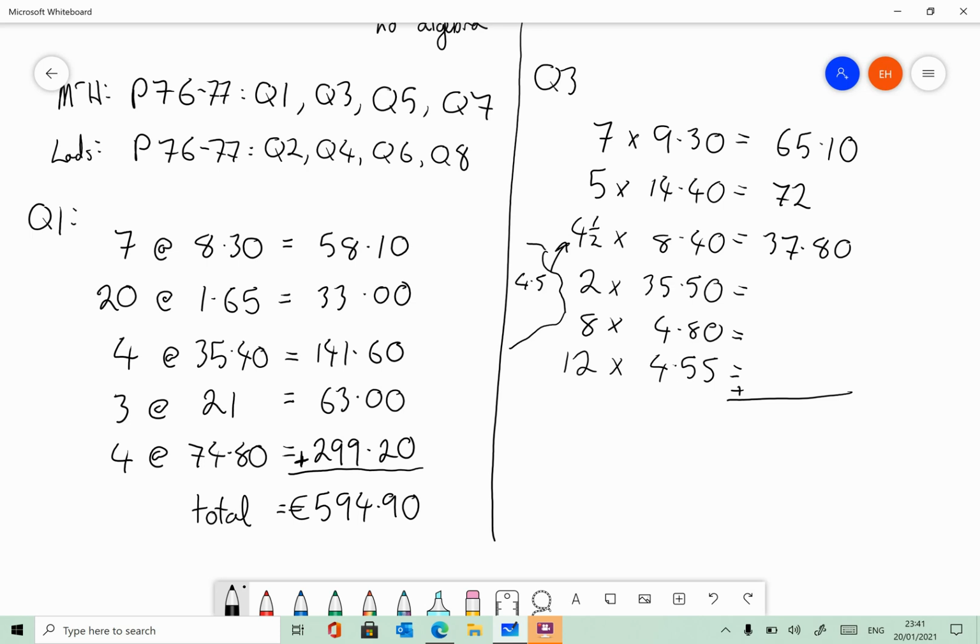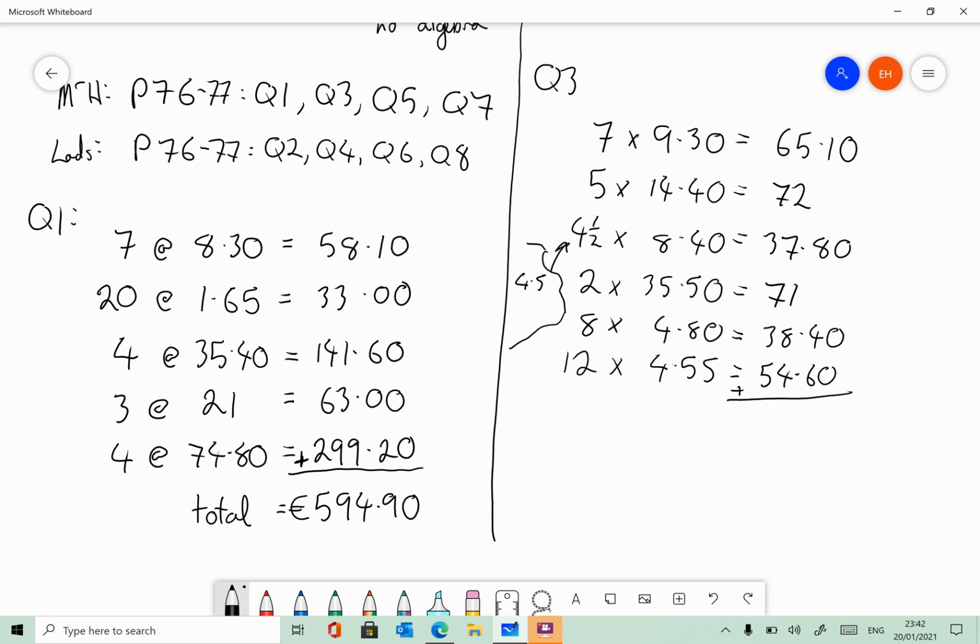Two multiplied by 35.50. Did I need a calculator for that? Probably not. 8 multiplied by 4.80 equals 38.40. And 12 multiplied by 4.55 is equal to 54.60.